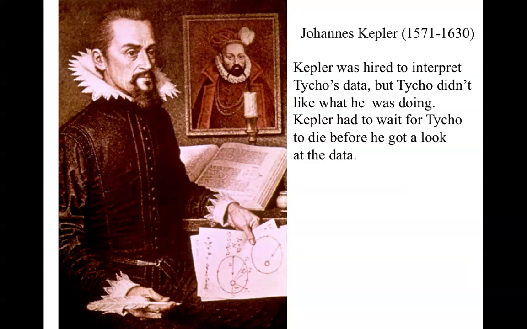And Tycho was eventually so suspicious of Kepler and his motives that he kept Kepler from looking at the data. Kepler had to wait for Tycho to die before he got a good look at the measurements. And in fact, there were some disputes between Kepler and Tycho's family about possession of Tycho's notebooks.